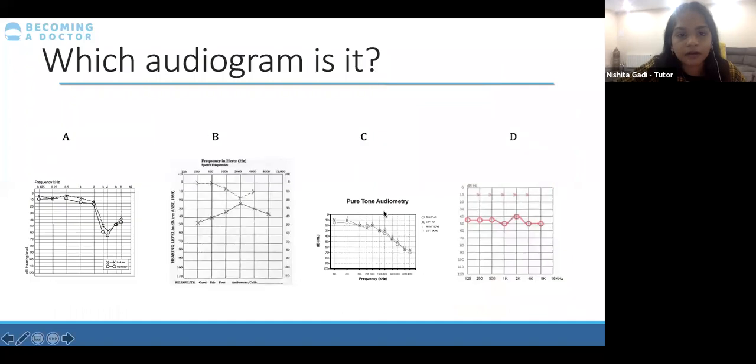Okay, next one. Okay, so question, which audiogram is this? You can answer now. Which audiogram is this?